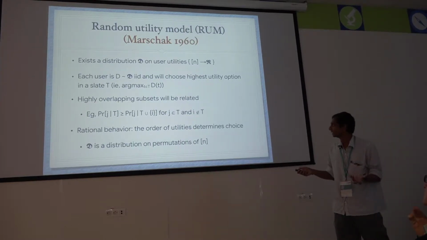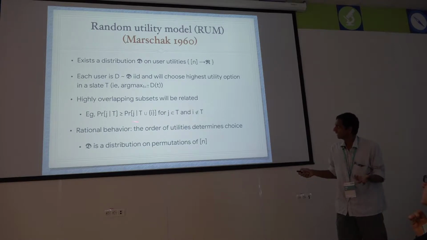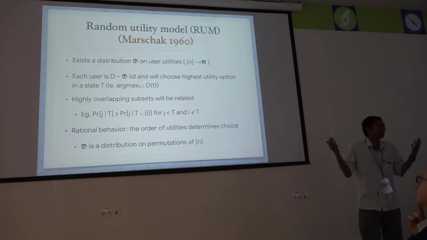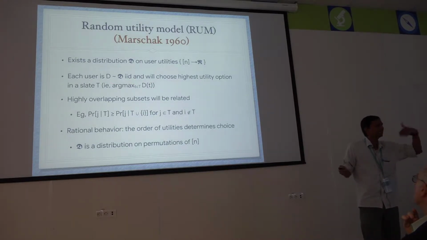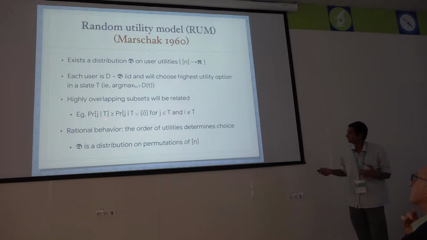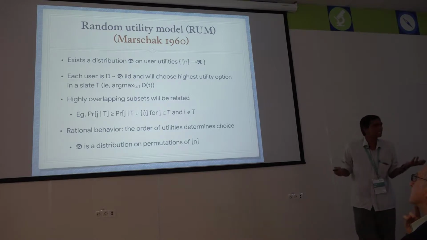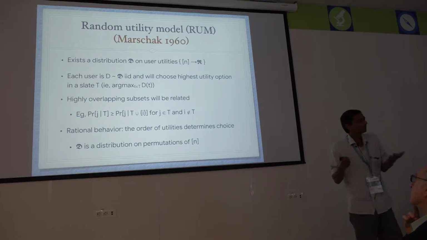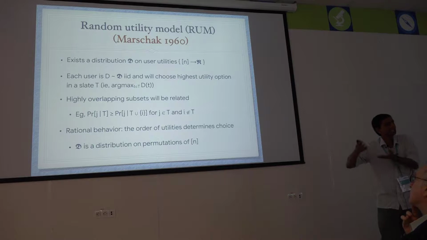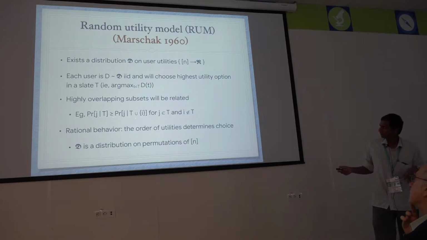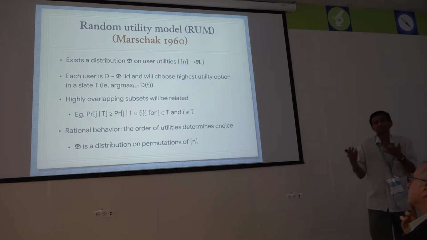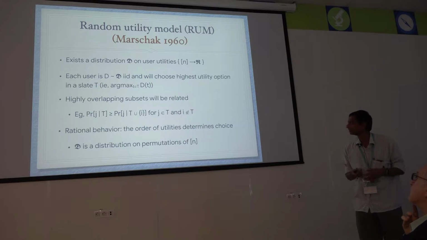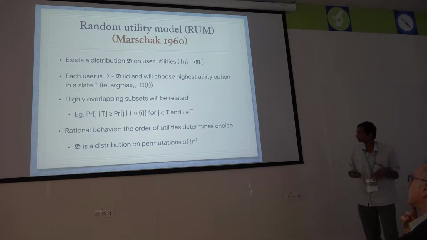For example, if you take any subset T and its superset T union some element i, then since the distribution is fixed and you pick IID from that distribution, the probability that you pick some element j from T is at least the probability that you pick it from T union i. So in other words, if two sets S and T overlap significantly, then the probabilities of picking elements from the subsets are somewhat related.